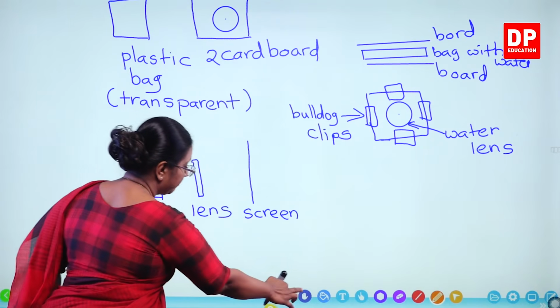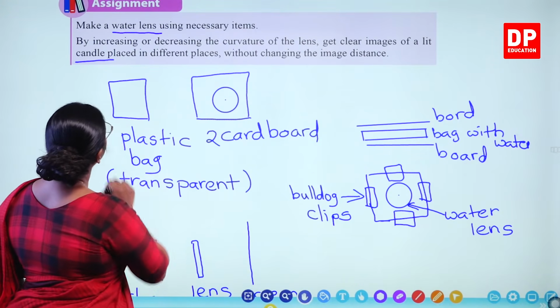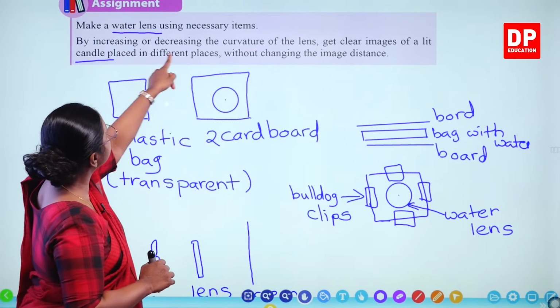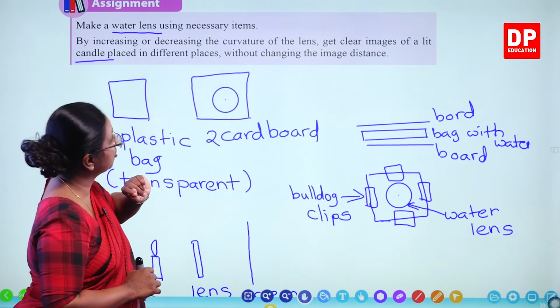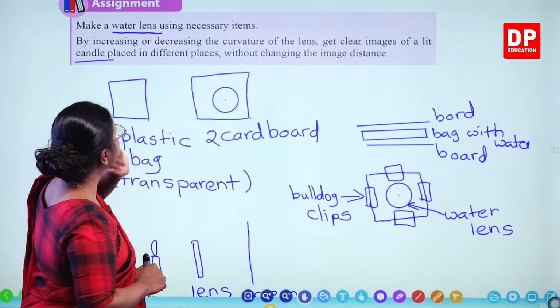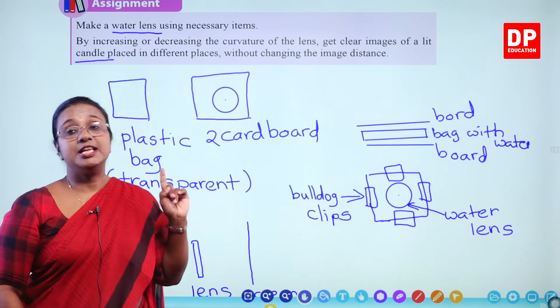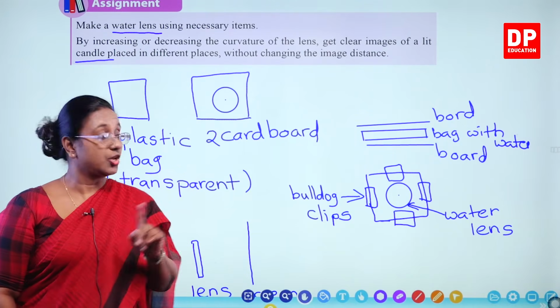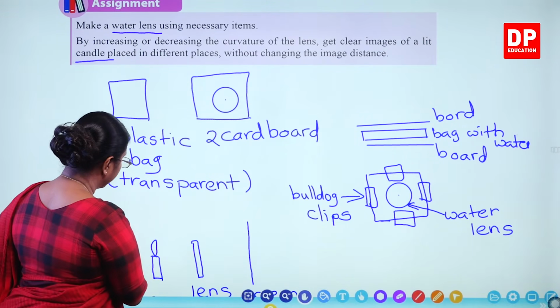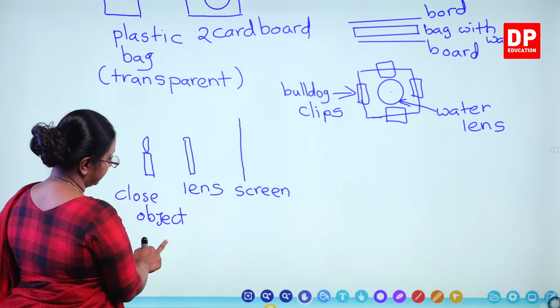After that, if we go back to the activity, you can see here: by increasing or decreasing the curvature of the lens, get clear images of a lit candle placed in different places without changing the image distance. So first, I explained to you all where we change the image distance.